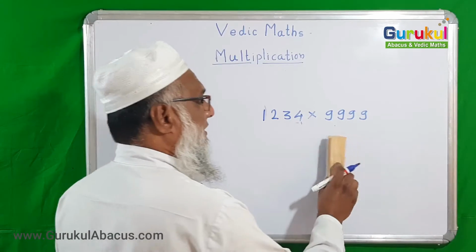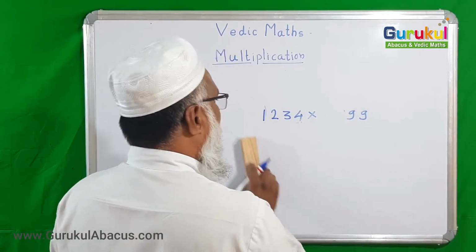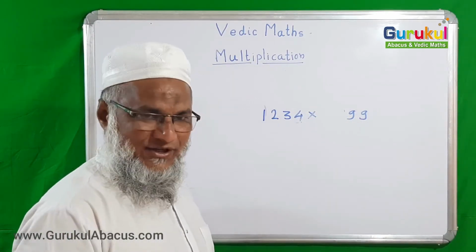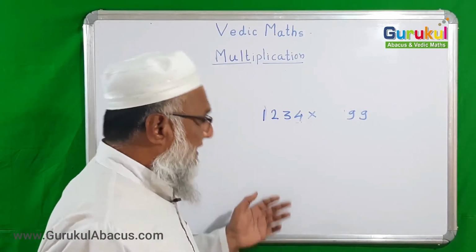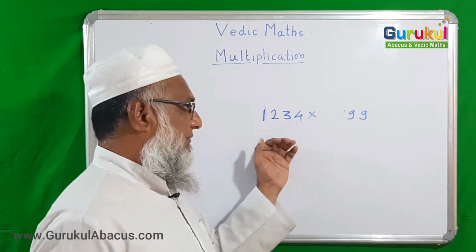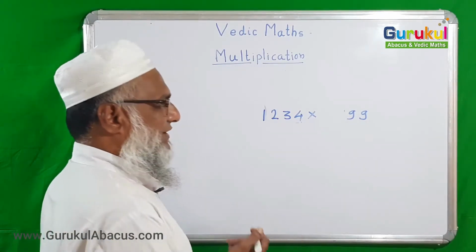Now here would be one different condition. Suppose in the greatest number there are fewer digits, and in the other number there are more digits than in the greatest number.